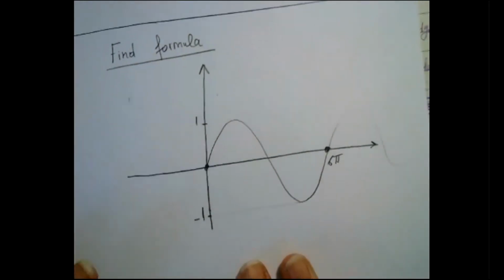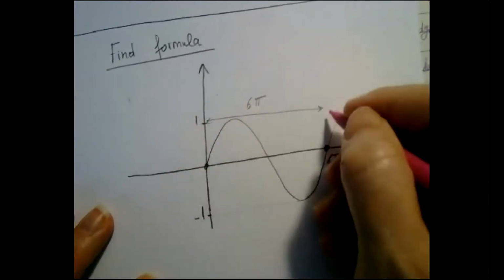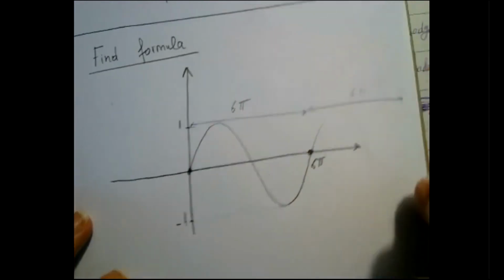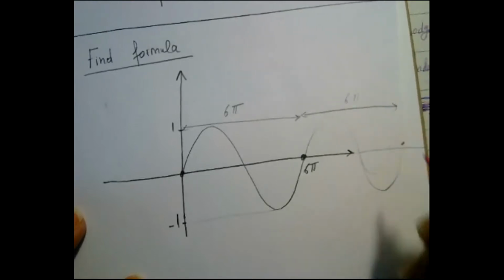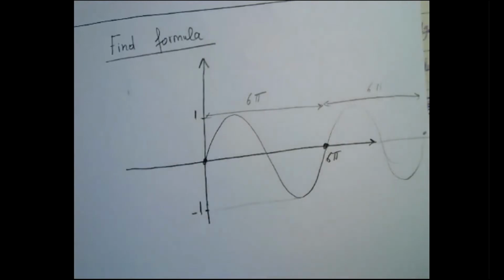So I'm not changing those, but I want the period in this particular problem to be 6 pi. That's my period, 6 pi, which means my graph will repeat itself. That's going to be 12 pi. That's the picture. And the question is, find a formula.